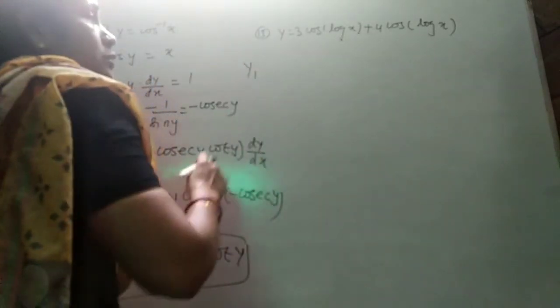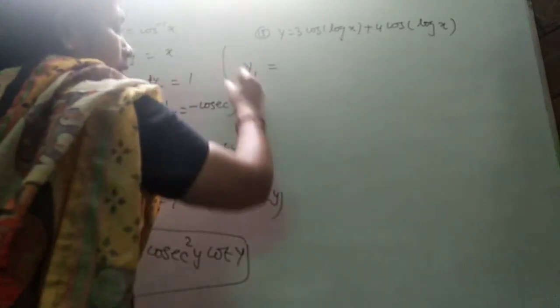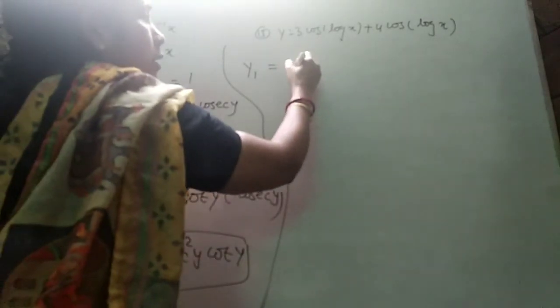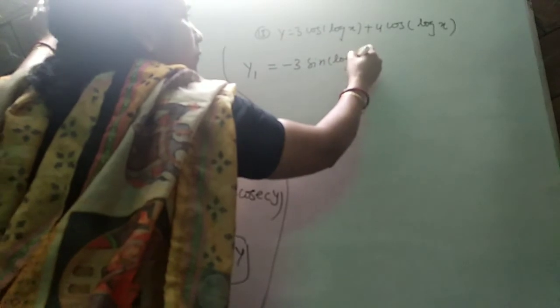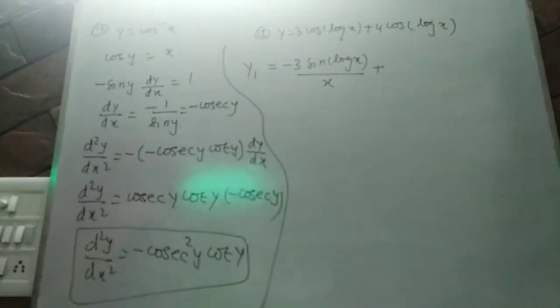Now I'm finding the first derivative y1. I'm keeping 3 constant, cos differentiation is minus sine of log x into differentiation of log x, which gives 1 upon x. Now plus 4, this one is sine. Okay, fine.